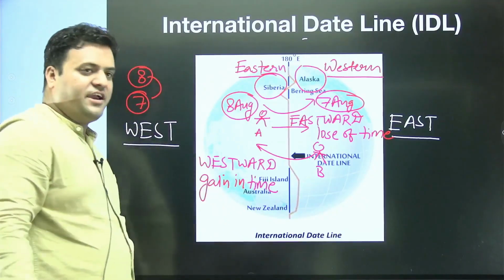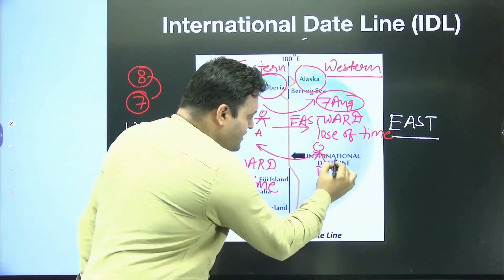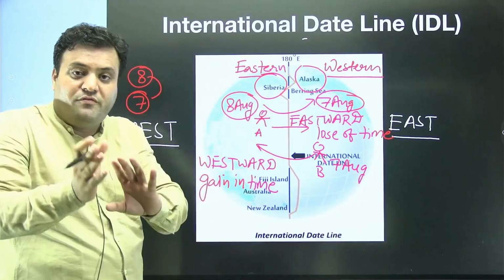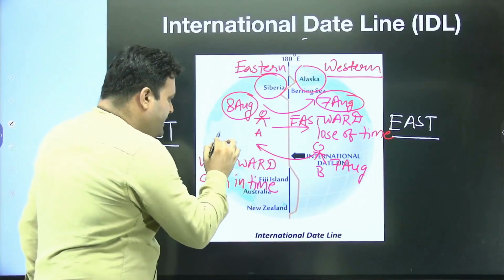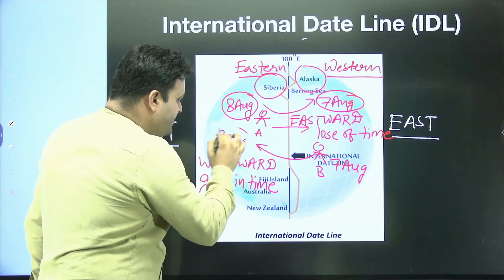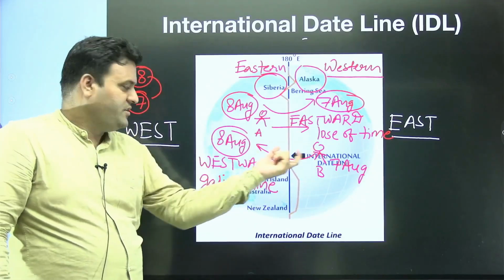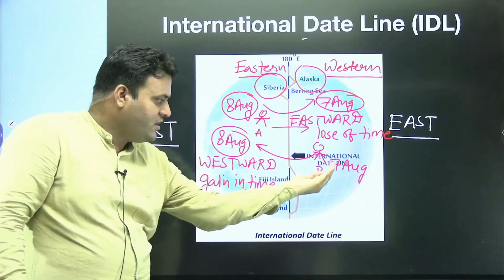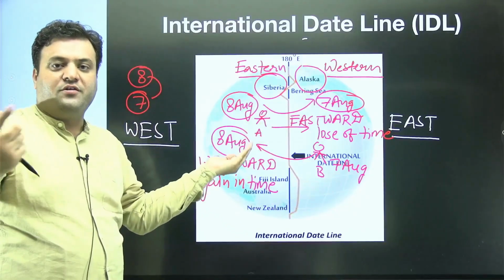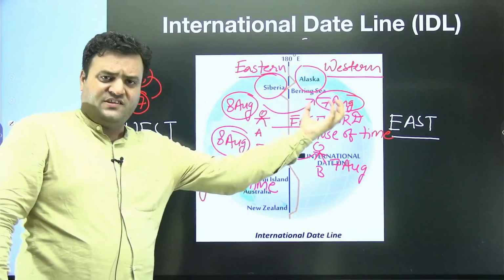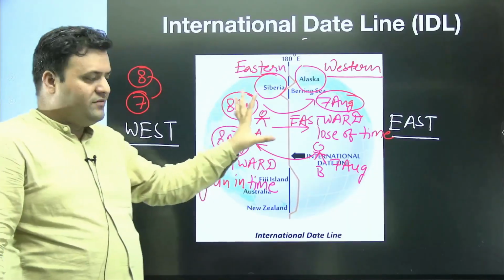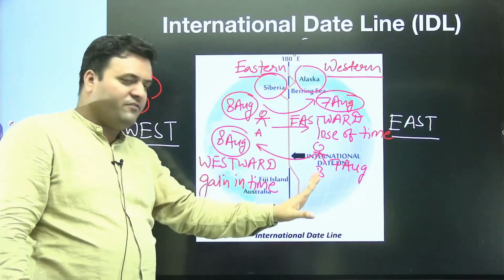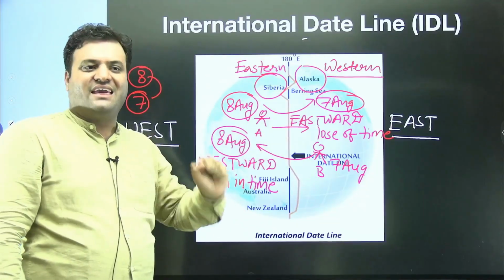Gain in time means the person who was here on 7th of August moved forward by 24 hours, and is now in the Eastern Hemisphere, entering this 8 August date. So here there is moving back 24 hours, here there is moving forward 24 hours. That resulted in the gain, and this resulted in loss. So this is with respect to the international date line. If you cross the international date line, you will have either a loss or a gain in time.